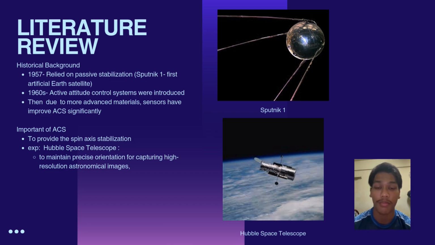So the importance of ACS is to provide the spin axis stabilization to proceed with the certain satellite mission. For example, the Hubble Space Telescope maintains precise orientation to capture high-resolution astronomical images.